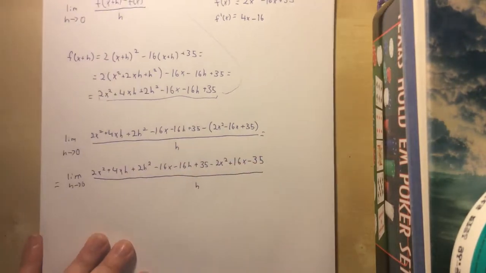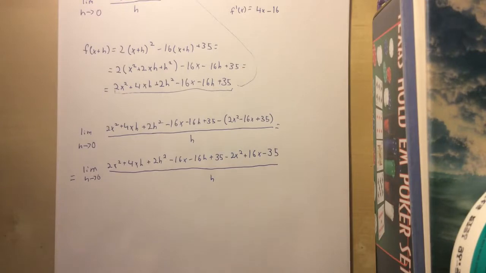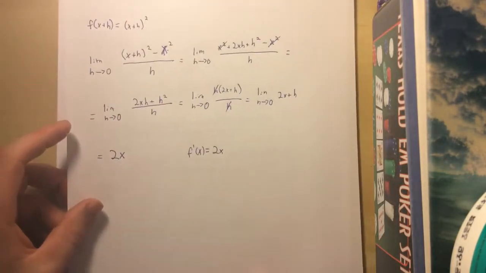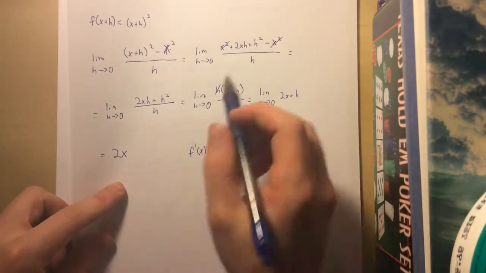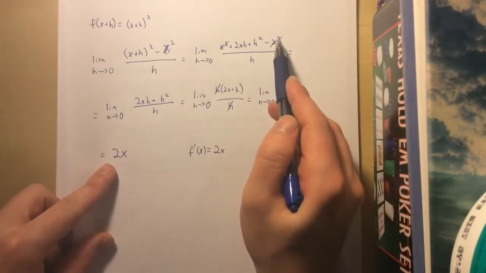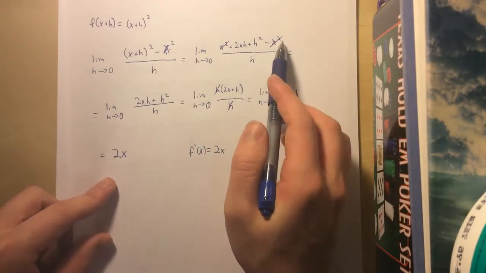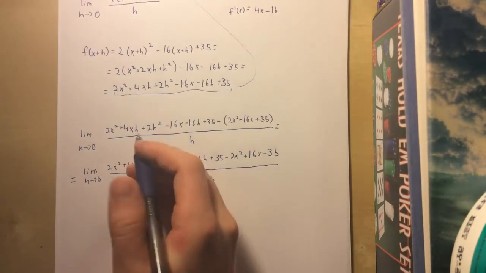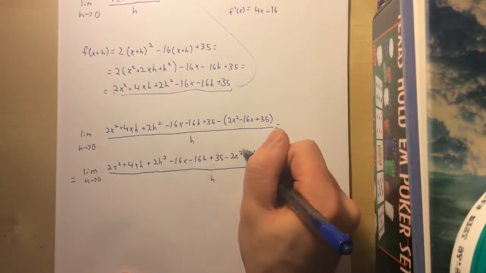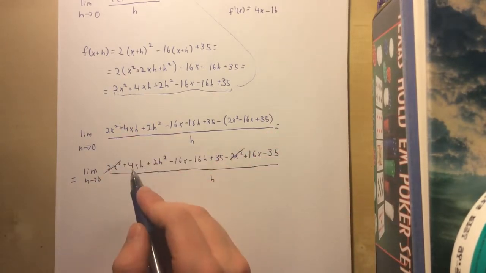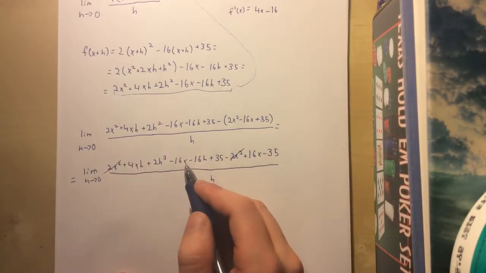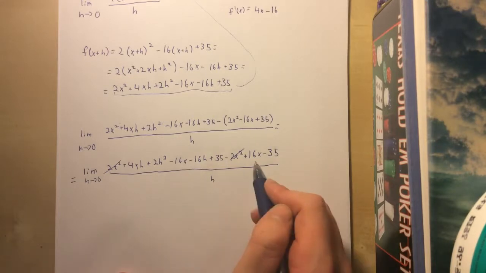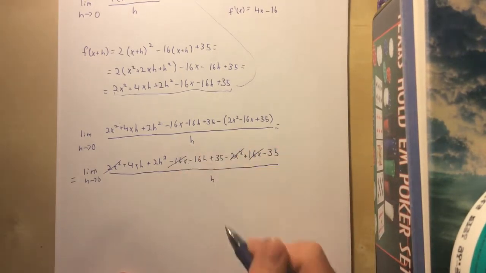So remember in the last question, when we got to this point, how the terms without the h's canceled out, and I said that that'll pretty much happen every time. Well, look at what happens here. We have a 2x squared here and a negative 2x squared there. Those cancel out. This term has an h. This term has an h. We have a negative 16x and a positive 16x. Those cancel out.